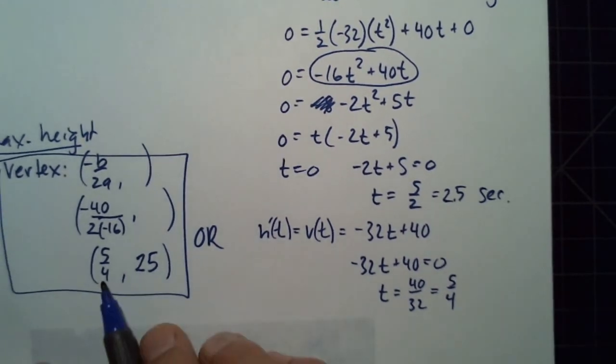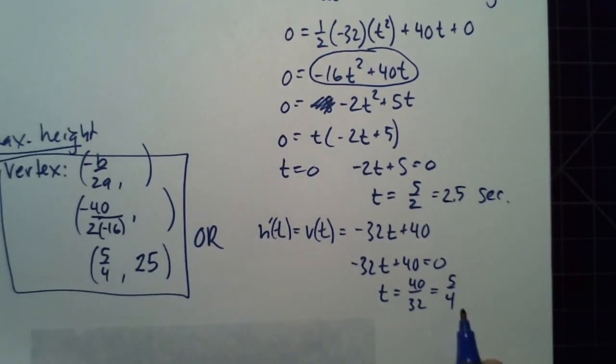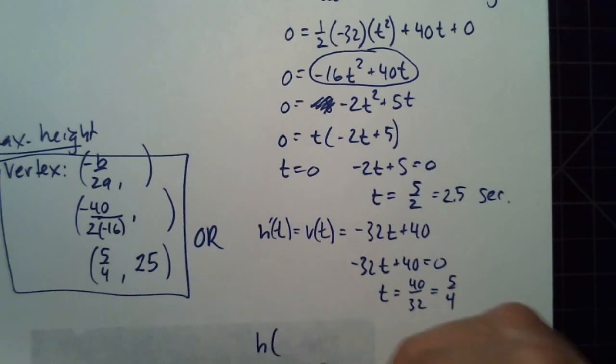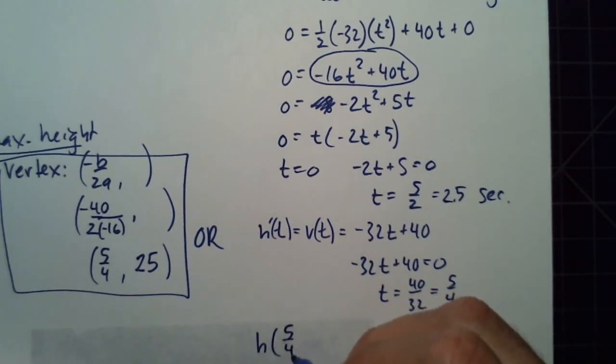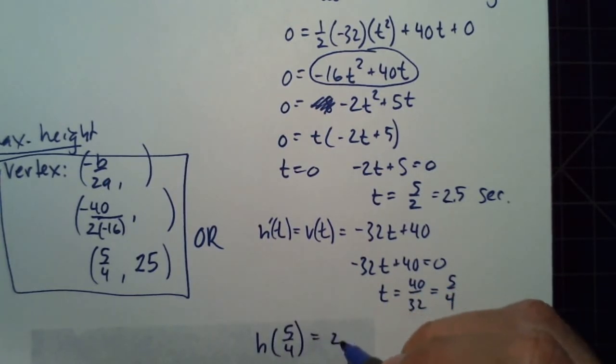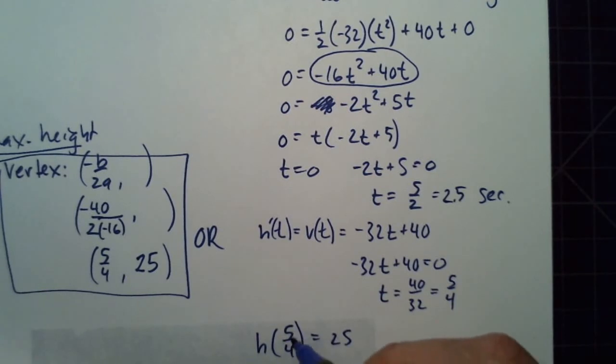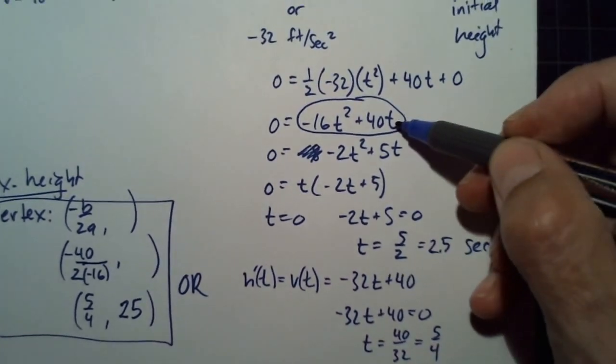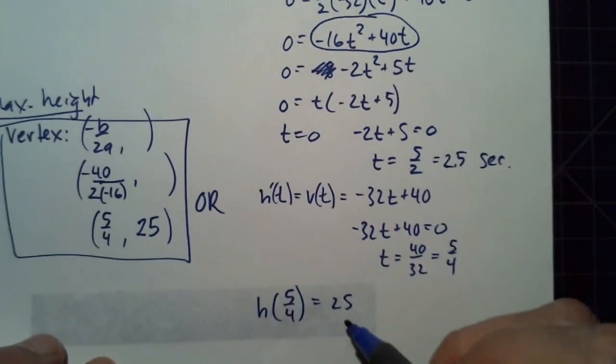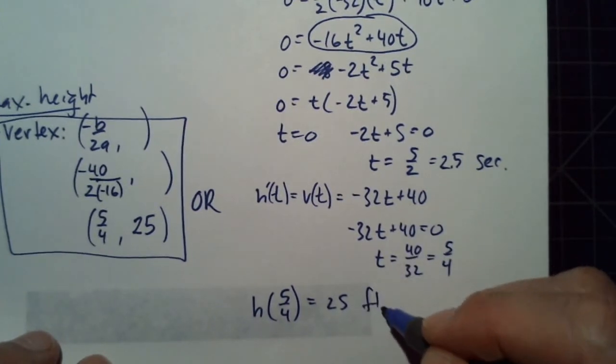And that's the same thing that we found over there. Then we would find what is the height at 5/4 seconds, and that was 25. If we substitute 5/4 into this, we're going to get 25 feet.